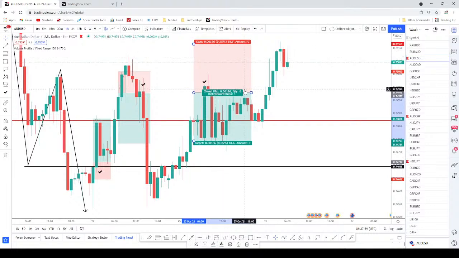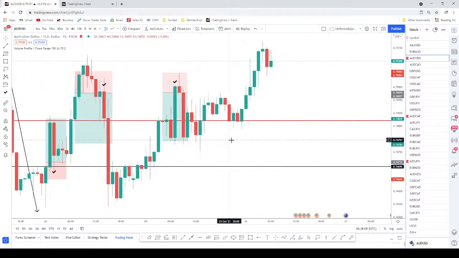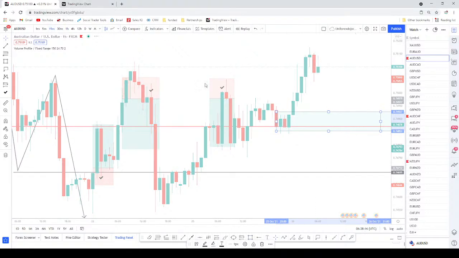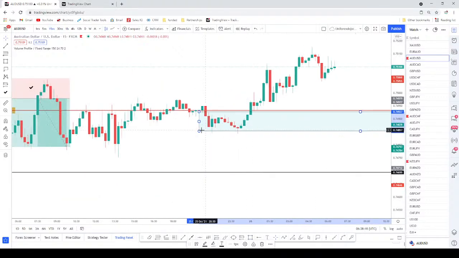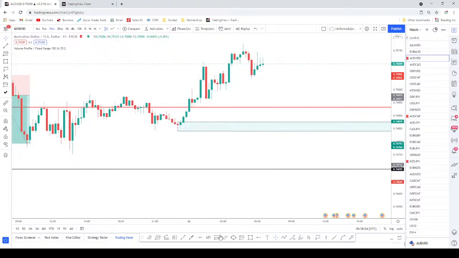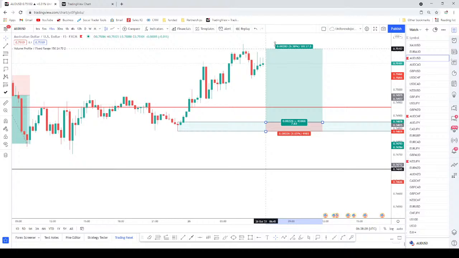So I just keep these here to have a bird's eye view of how I've been working with the specific pair, and it helps with taking a look at your back testing and trying to figure out what happened. So with this one here, this is a decent area to work with on the AUD USD. We could potentially find something else on the bigger time frame, but we will take a look at it shortly. So this is a potential setup we can look at.